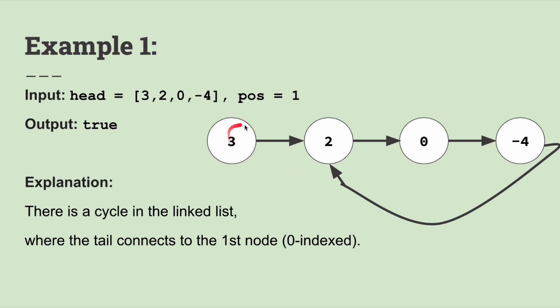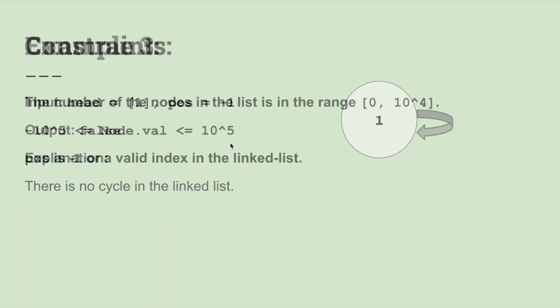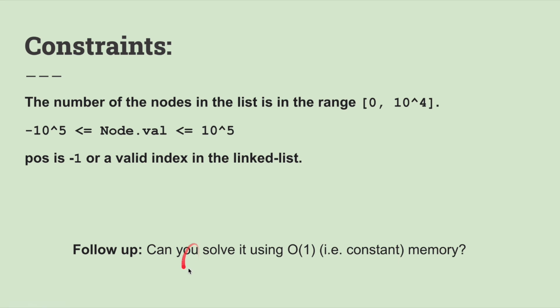Because if we have traversed, let's suppose node 3, we'll put it into a hash set. To store it in a set, we have to create the hash set, and the hash set will take memory, right? But the interviewer can also ask, can you solve it using O of 1 memory, the constant memory?